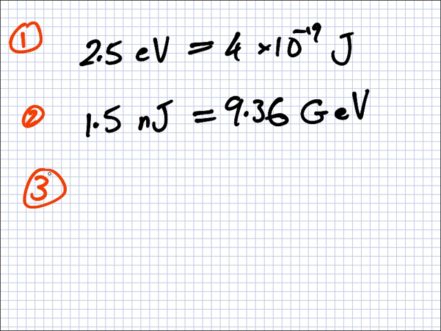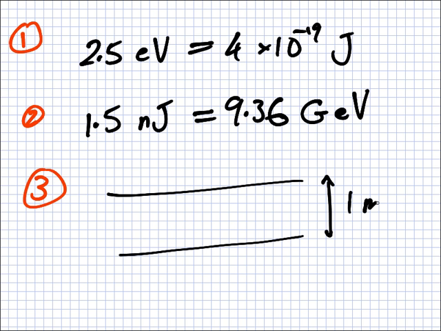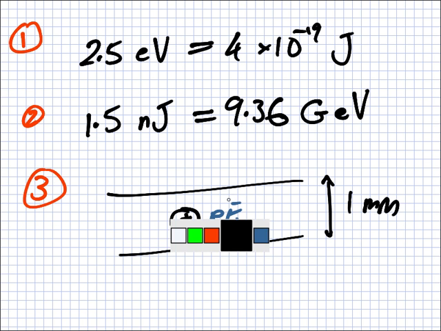Number 3. What is the potential energy of a proton which is equal distance between 2 parallel plates, separated distance of a millimeter, and a potential of 9 volts? Okay, so you have 2 plates, and this here is 1 millimeter, and the proton is in the middle here, and we want to know its potential energy.